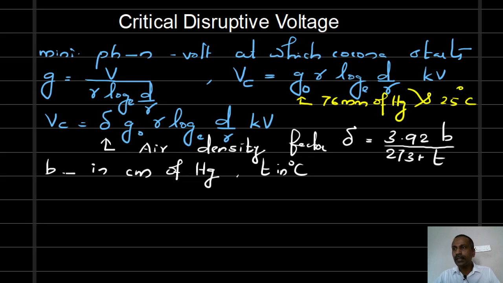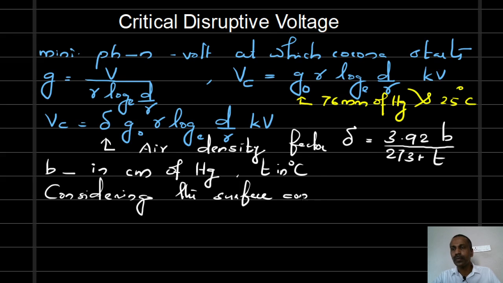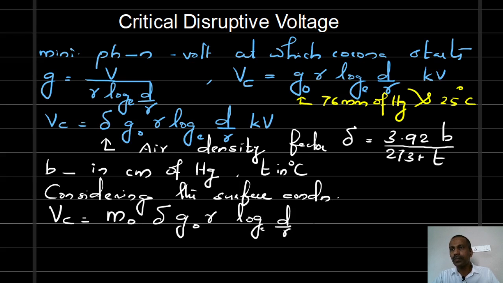Now we need to consider the surface condition also. Considering the surface condition of the conductor, Vc becomes M0 into delta G0 R log D by R kilovolt, where this M0 is called the irregularity factor.